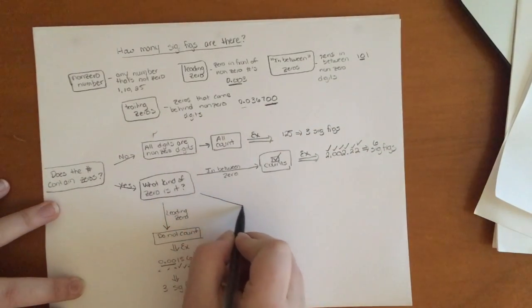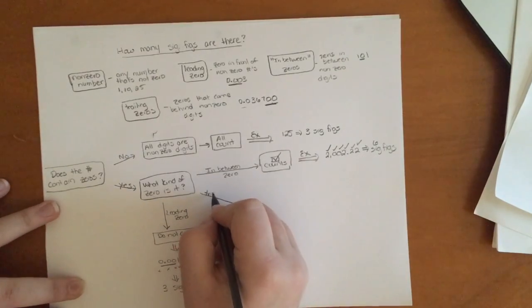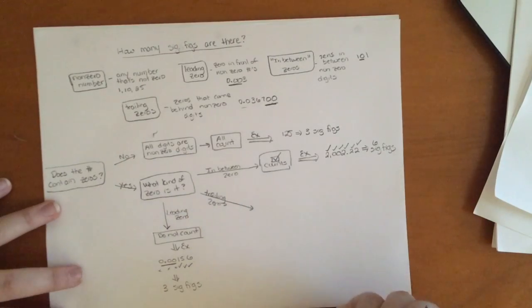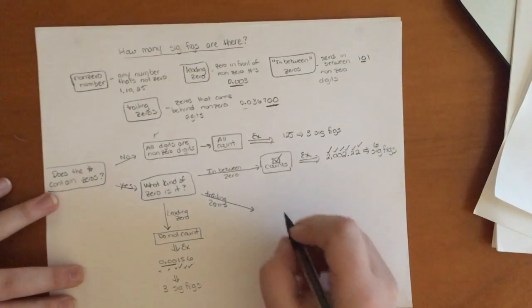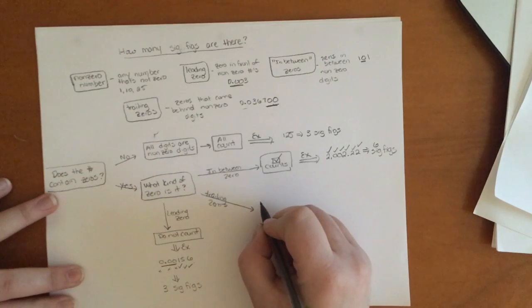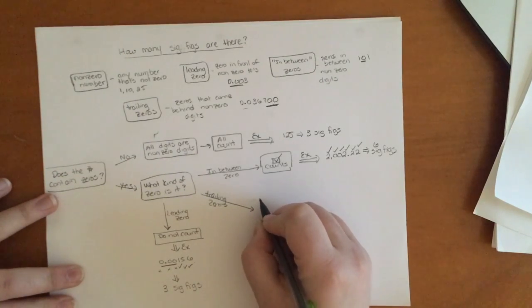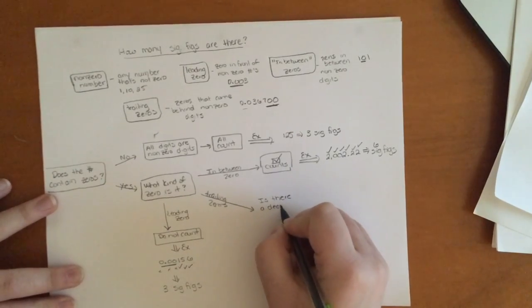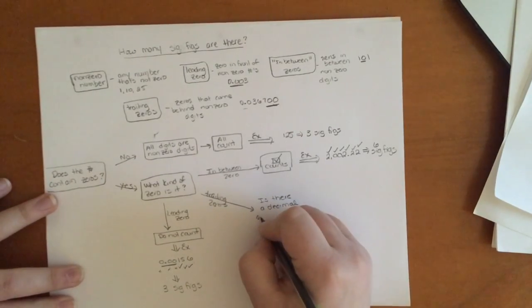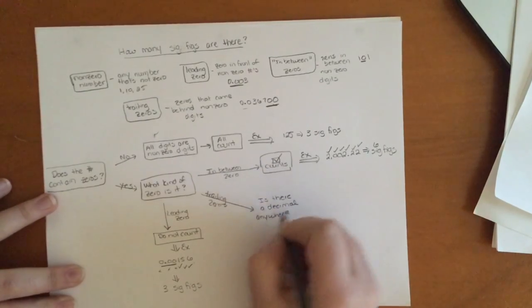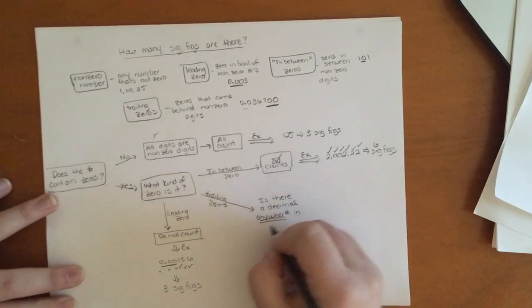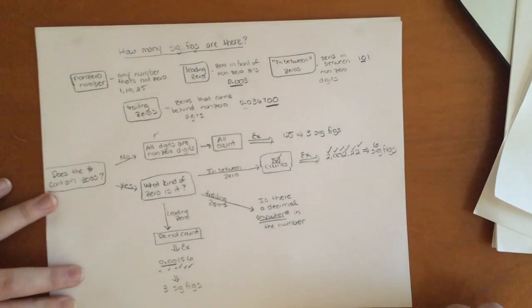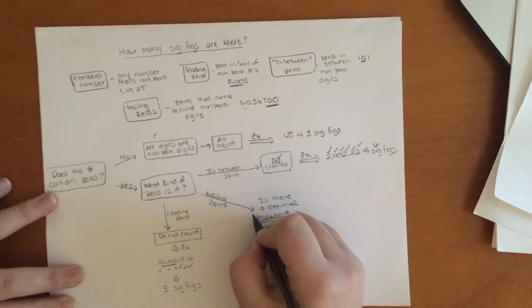And then we have the question of trailing zeros. If there are trailing zeros, we then need to ask ourselves, is there a decimal anywhere in the number? Decimals tell us about precision, so if there is a decimal, then it's going to count.